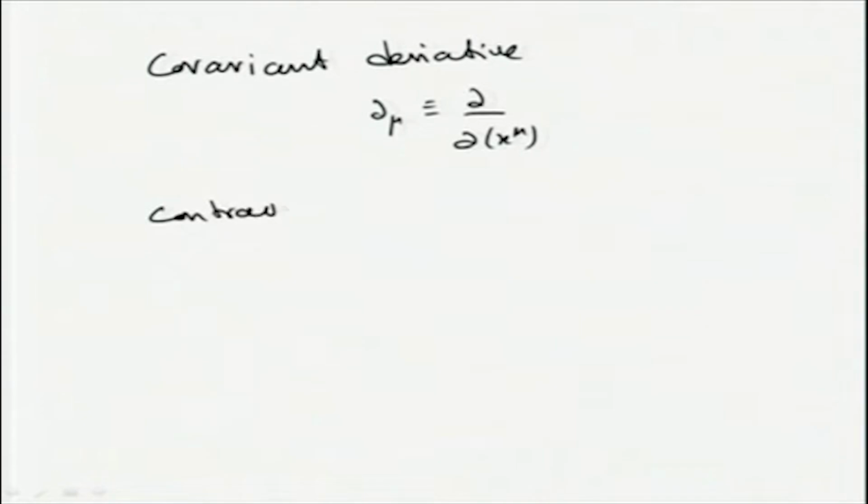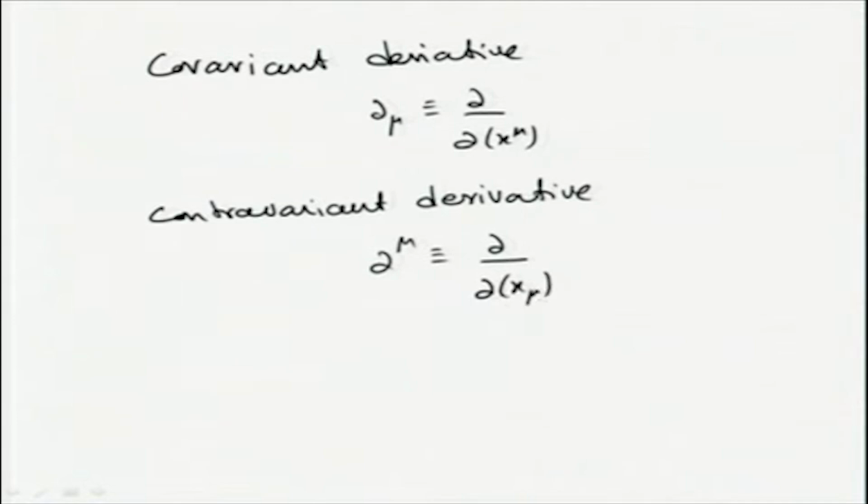The covariant derivative operator ∂_μ is defined as the derivative with respect to the contravariant vector, and the contravariant derivative operator is ∂^μ.